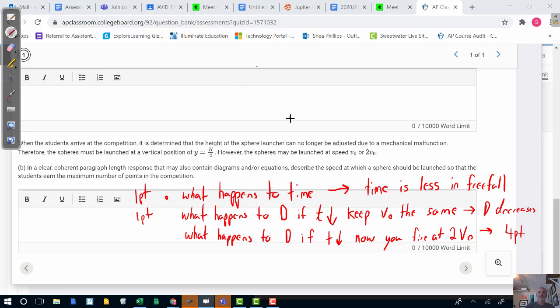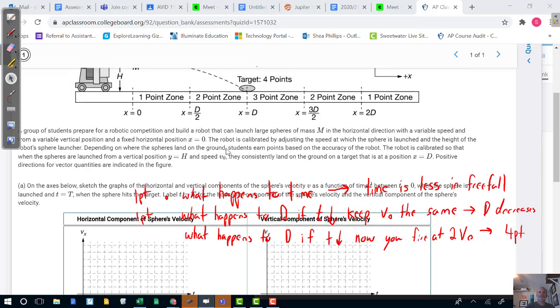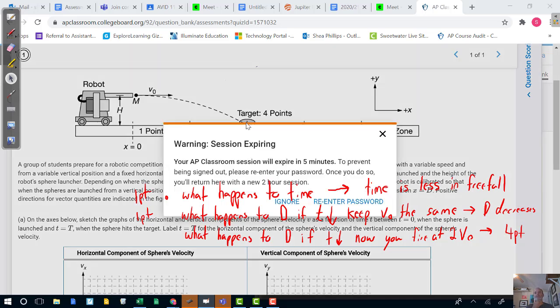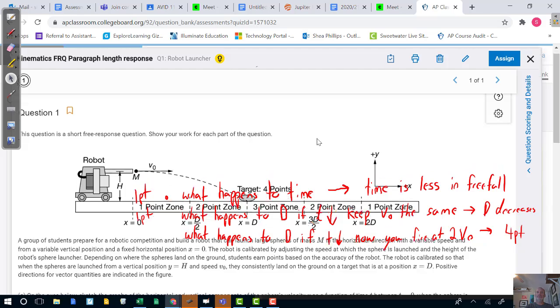Some people might think that if h becomes h over 2 but you double the velocity, then you halve one but you double the other. They might think you would come over here and hit the target, that doubling this one and halving this one would cancel each other out, and you would hit the target.